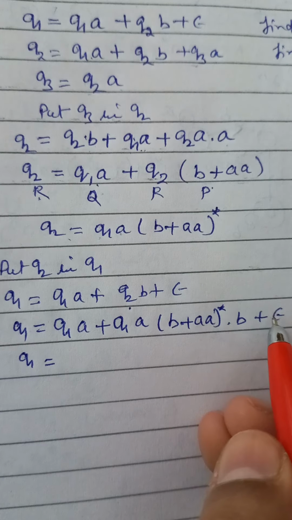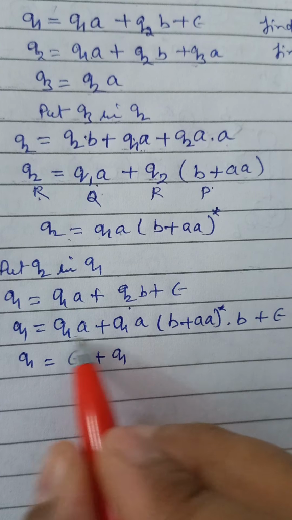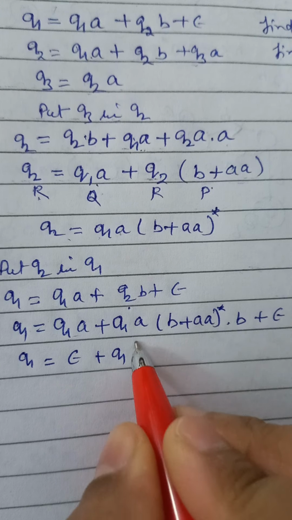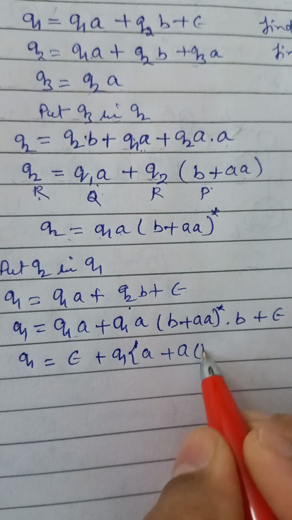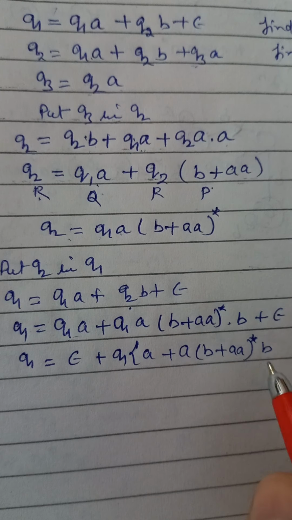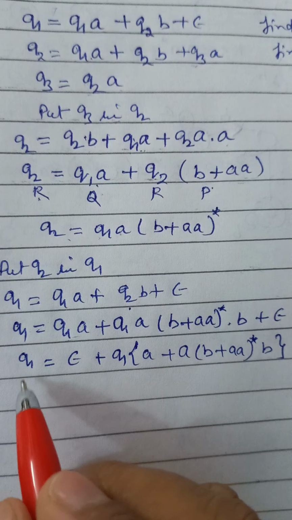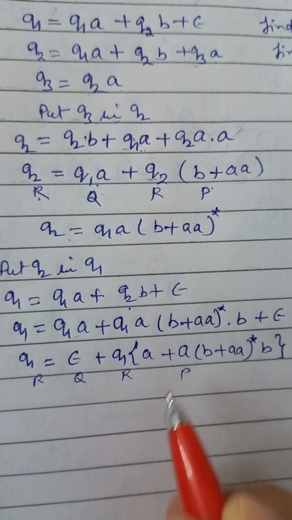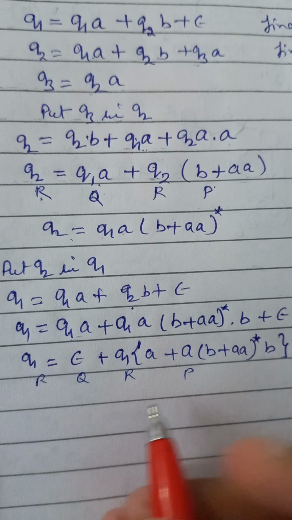Now we shift epsilon here, and we take q1 as common in both. What is left? a plus a (b plus aa) whole star b. So again we can write: this is R, this is Q, this is R, this is P. So what will be the final value of q1?